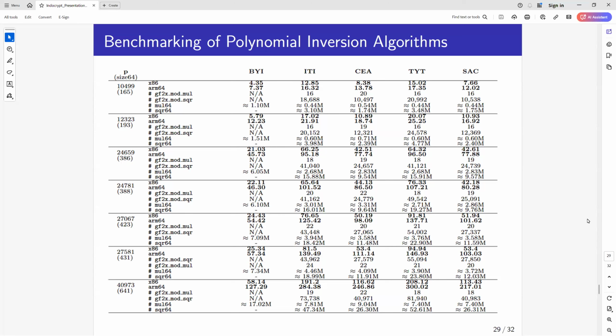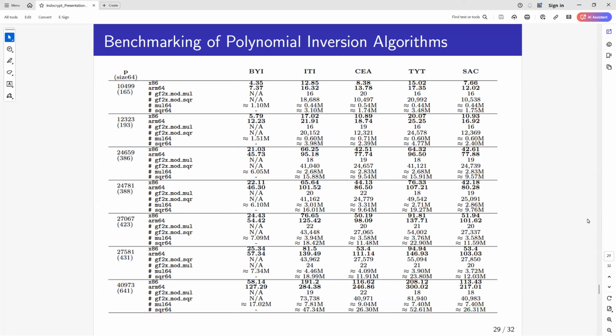The number of block operations can be observed from the last two rows for each of the primes. For the prime 10499, there are 165 64-bit blocks. So the number of operations is significantly less in BYI.